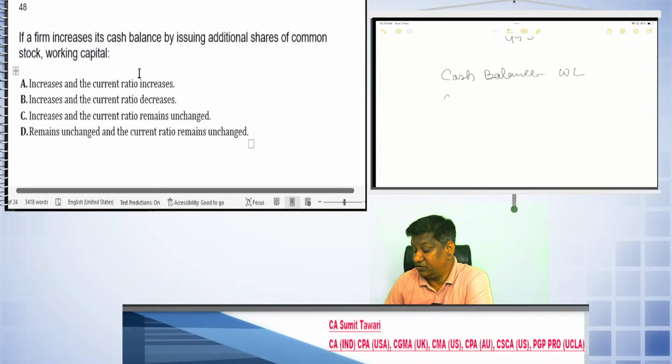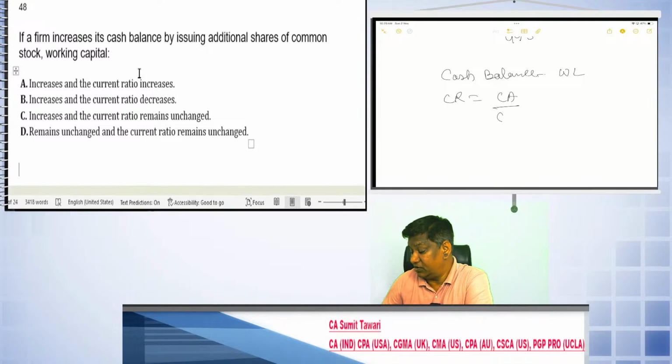See, current ratio is basically current asset divided by current liability. Current liability as it is, current asset increases because of cash. So the current ratio also gets increased. Working capital also gets increased, and the current ratio also gets increased.